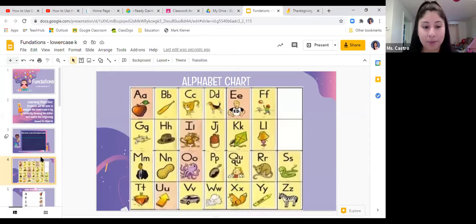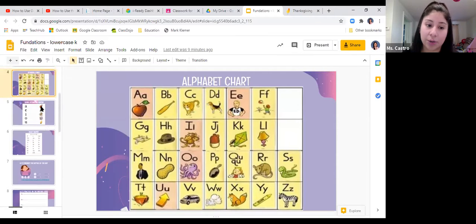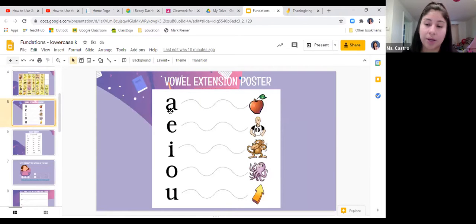Now, for the letter K, well, actually, before I show you that, let's quickly go over our vowels and sight words. So first, let's do the vowels. Ready? Stay on mute, and then you're going to practice in your home. A, apple.